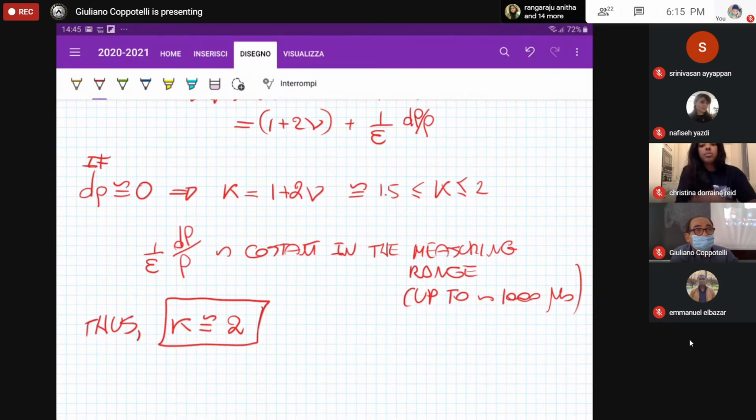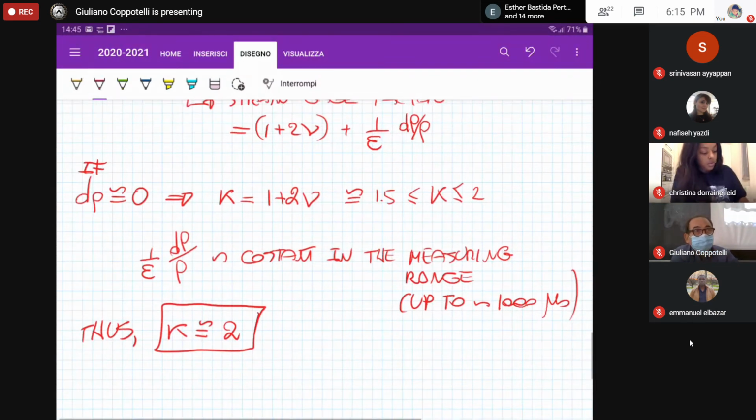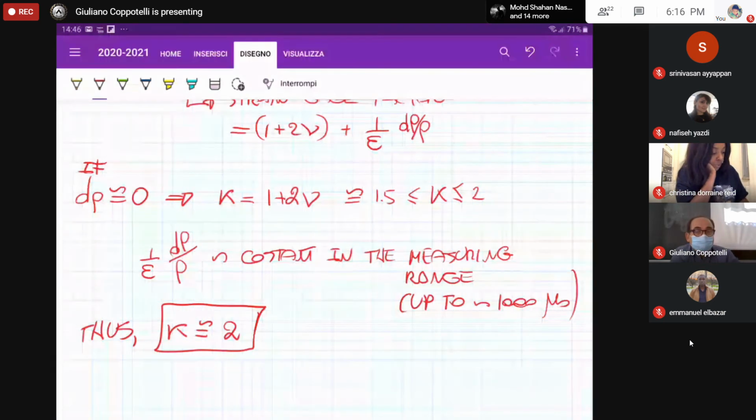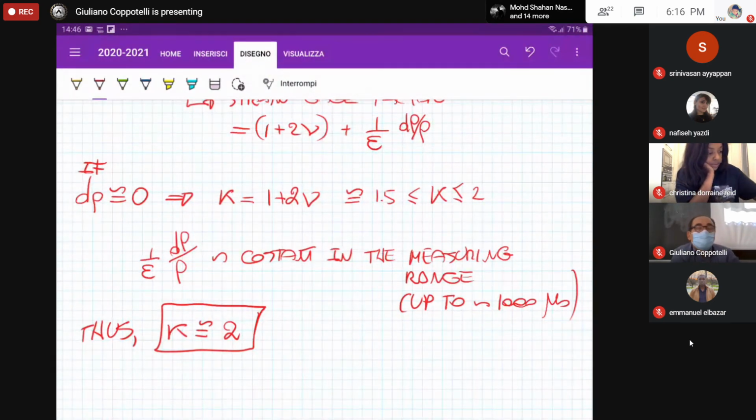So lock your DNA code, so that you always remember that in strain gauge measurement, up to, let's say, 1000, 3,000, 4,000 microstrain, the K value is practically constant, thanks to the compensation of the change of resistivity with respect to the measured strain. And it depends, of course, on the Poisson ratio, on the nu value.